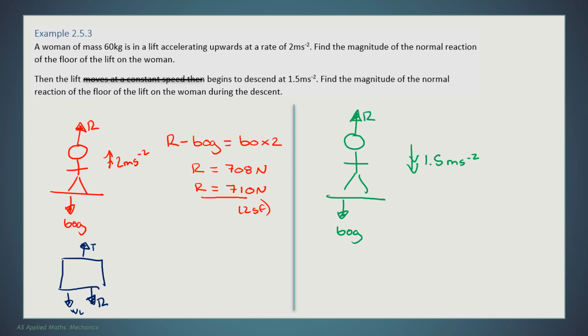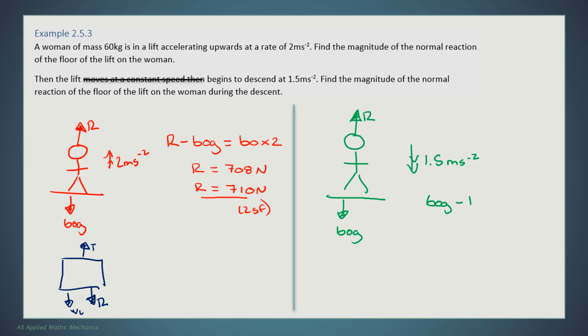And again, it's that idea that if the lift went really fast, then there would be a loss of contact with the floor, and that's kind of what's happening. So we're expecting R to be smaller than it was in the first situation where the lift was going upwards. Okay, so we're expecting it the other way. So because I'm going downwards, F equals ma, the force in the direction of motion is weight.